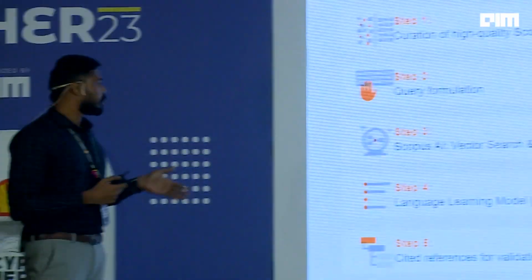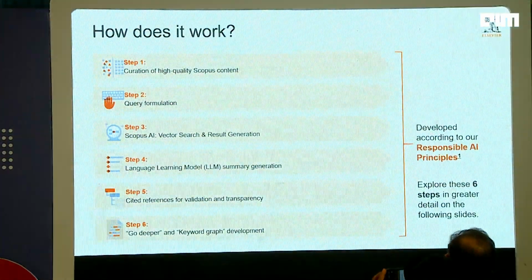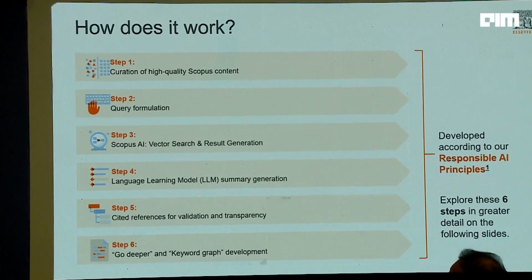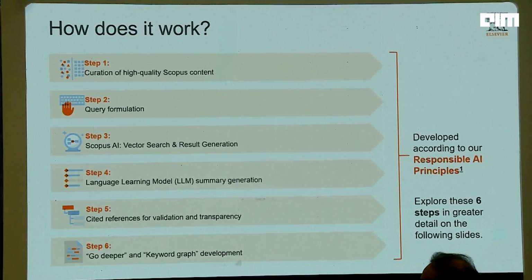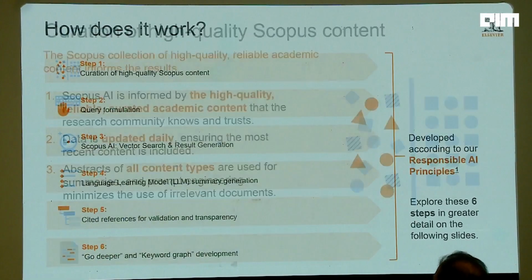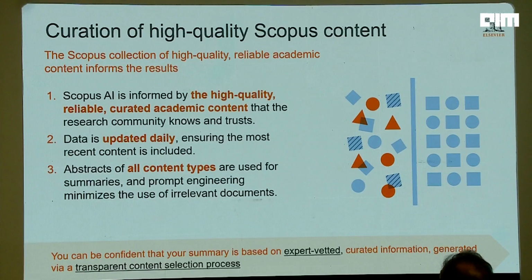And the next question is, how does it work? We have a 6-step approach in which we will explain how it works. And all these 6 steps are based on the responsible AI principles that we have. I'll move on to the next slide. This is about the content that we are using to generate all this summary.